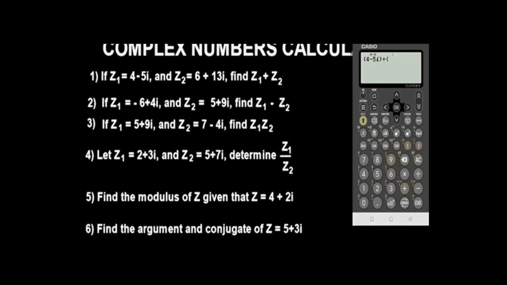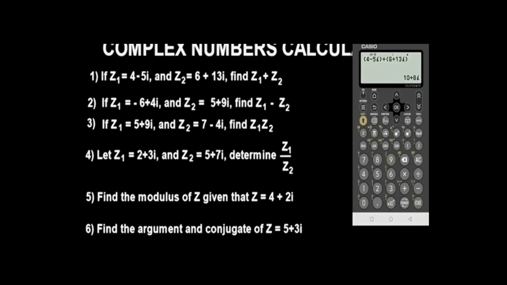We have 6 plus 13i, press shift and this button, close the bracket. So that's all, guys. Let's press execute now to get the output. So this is the summation. 10 plus 8i is the answer.